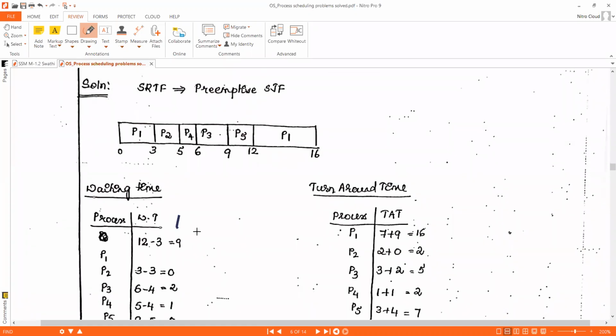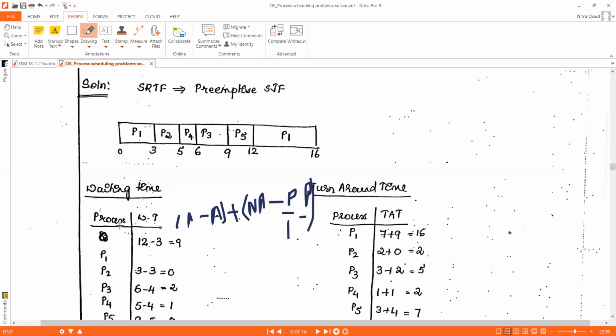Waiting time is allotted time minus its arrival time, plus its next allotted time minus its previous preempted time. We will get the waiting time.